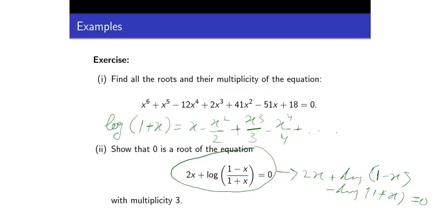Once you do that, 2x will get cancelled, and minus x square by 2 will also get cancelled, because here it is minus x square by 2 with plus sign, and minus minus here gives plus. Only 2 times something remains. You will get a polynomial starting with x cube and so on. So this 2x will get rid of, and the square term will also get rid of.